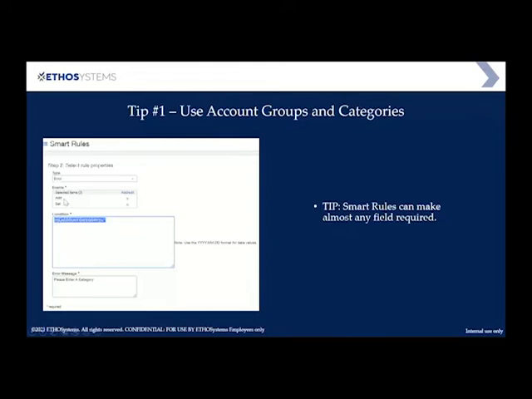And I said, whenever you add or set or make a change to a GL account, if the category is blank, so you can see there's a little button on the right-hand side that says add a field. I said if the category is not equal to, and the way you do that is an exclamation mark and an equal sign, and then you put quotes around it, blank, then it's going to say, please enter a category, so I can enter the error message. These are great features to use within the product, and if you do have any questions on Smart Rules, our team can definitely help you out with that.